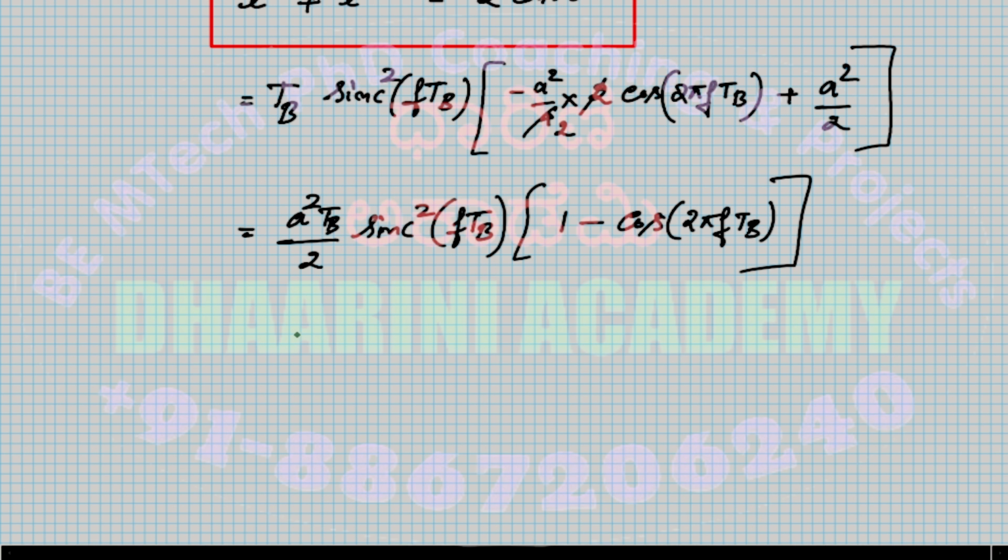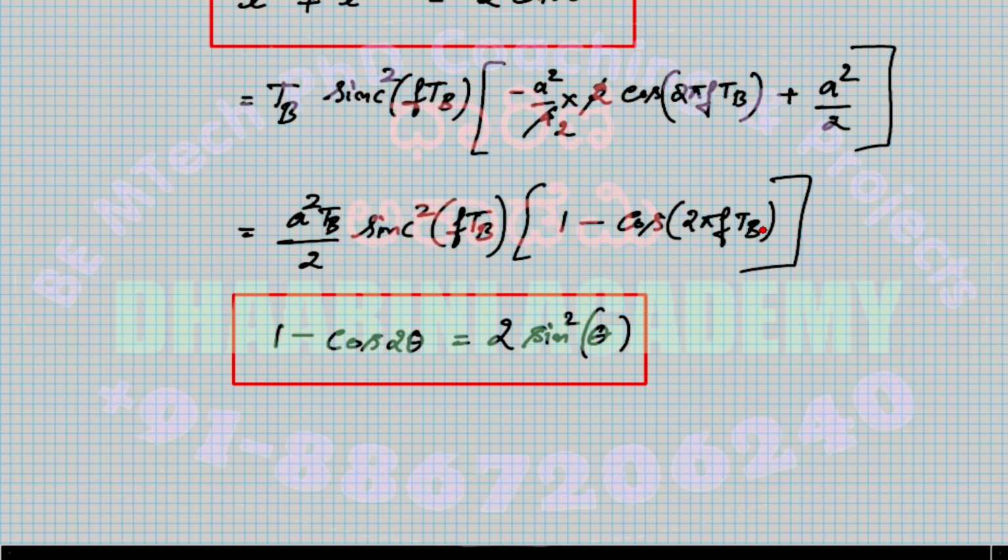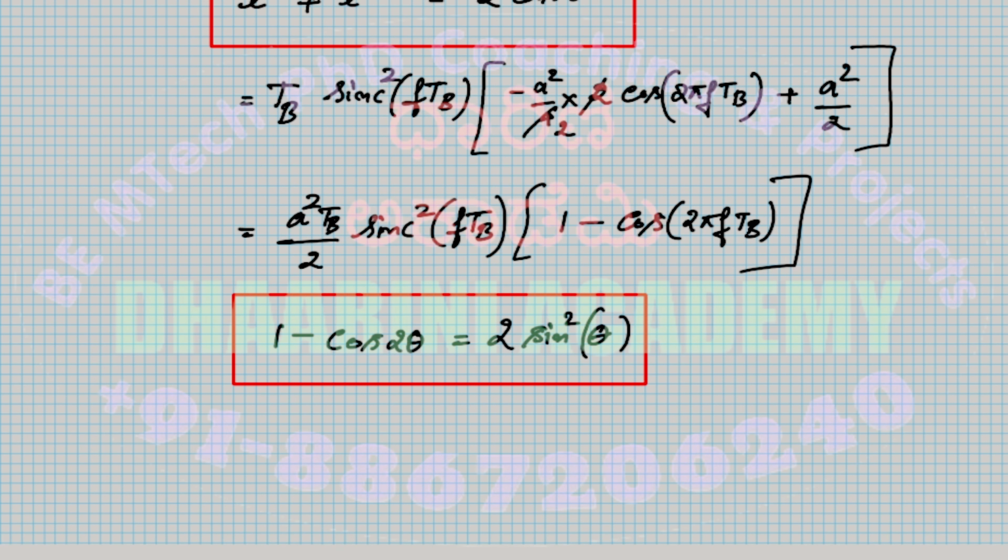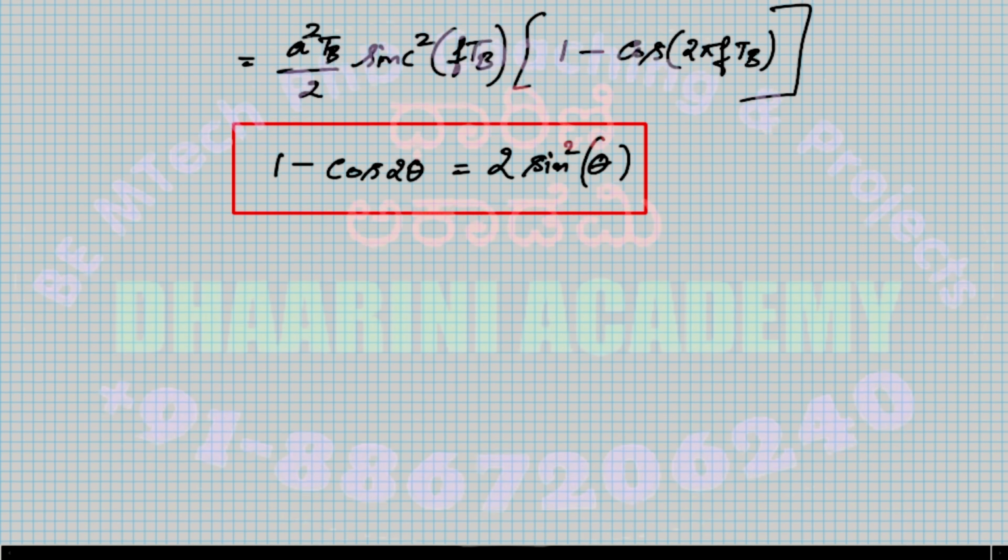Perfect. So if I have 1 minus cos 2 theta, I can replace it as 2 times sine square of half of this angle. So 2 theta becomes theta. Normally it's called the half angle formula: 1 minus cos theta equals 2 sine square theta by 2. It's one and the same. So this is the one which I'm using now. 2 theta is there, where theta is simply pi f into Tb. So let's write this.